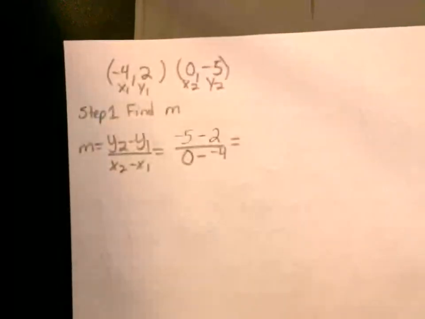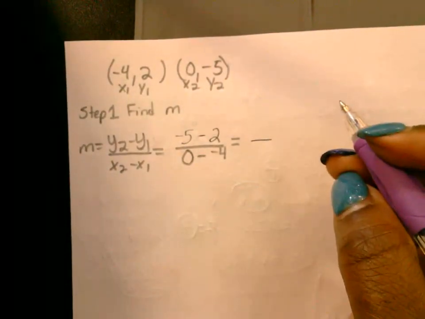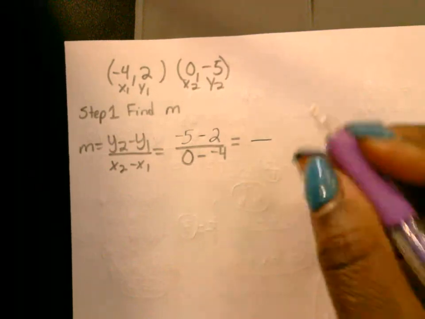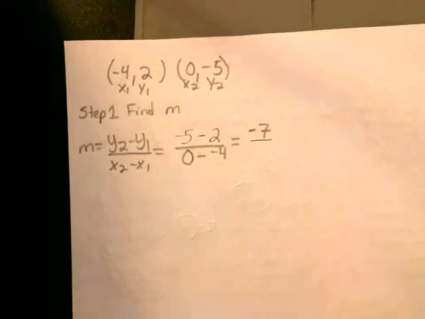All right, what do we get on the top? What are we going to get on the top, Bobby? What's -5 minus 2? -7. Good job, babe.